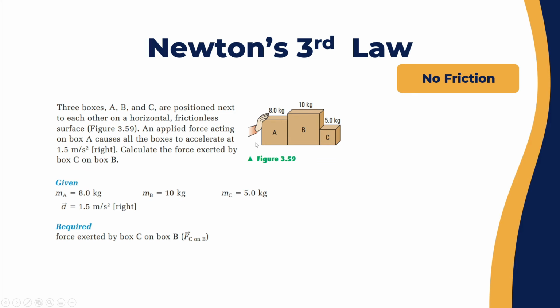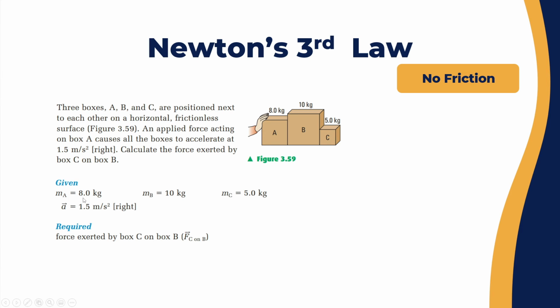So you have A, B, C here, you push them to the right, each one has its own weight. There is no friction on the surface, you push a force to the right, and each box will push on the other box in a reaction force as a reply to the action force applied by hand. So we will start with simplifying things by breaking down the given and required of the example.